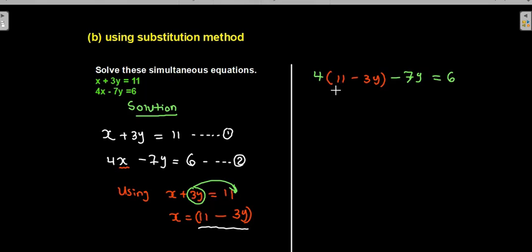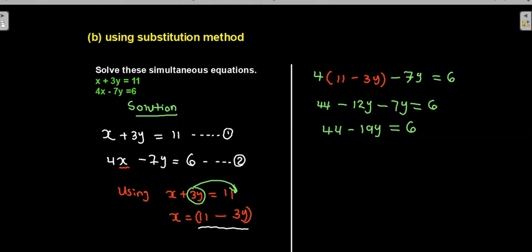What we need to do is to open the bracket. 4 times 11 will be 44, minus 4 times 3y, that will be 12y, minus this 7y must give us 6. This is 44 minus 19y, which equals 6.